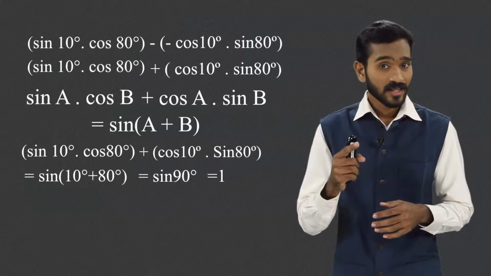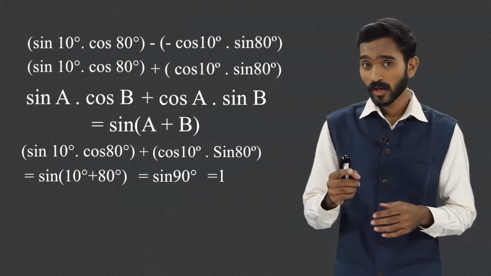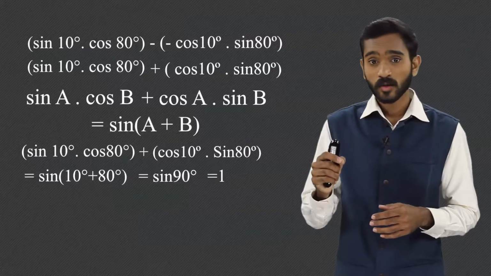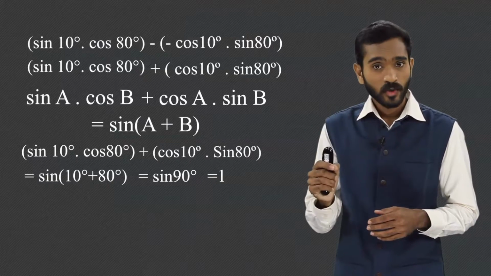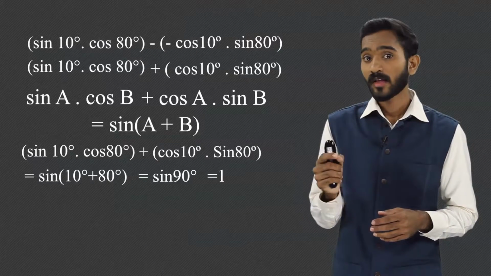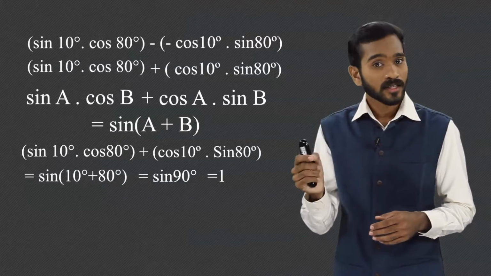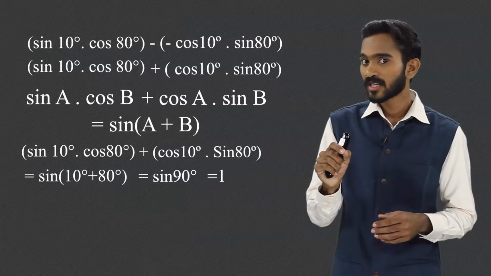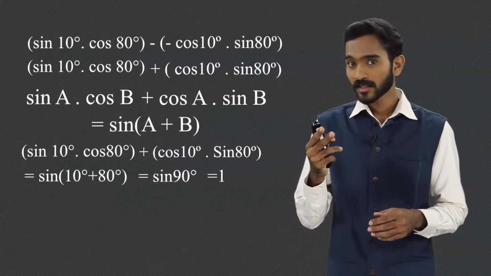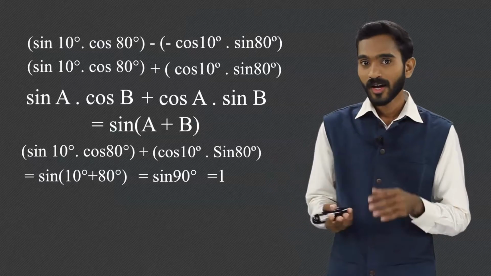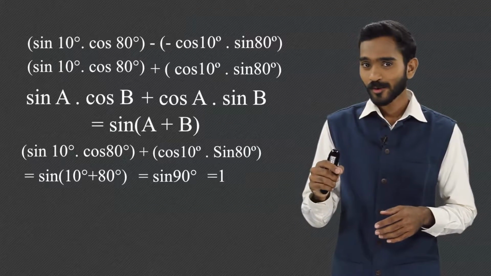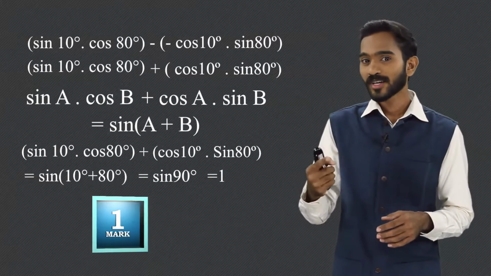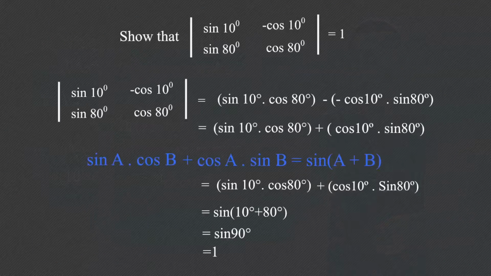So sine 10 degree cos 80 degree plus cos 10 degree sine 80 degree is equal to sine 10 degree plus 80 degree, and that is equal to sine 90 degree. Sine 90 degree is equal to 1, that is RHS. Therefore, LHS is equal to RHS. Now, what happened? You have scored another 1 mark.